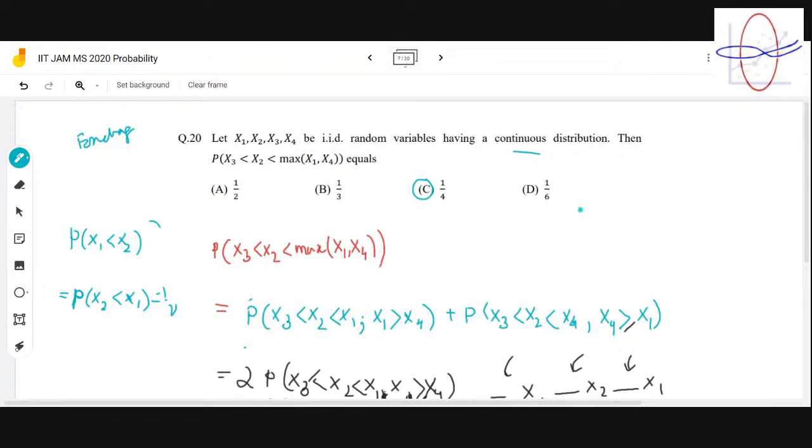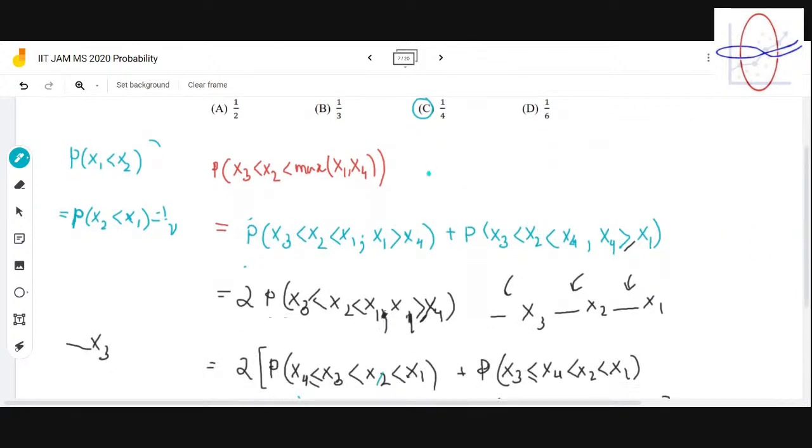So let's move on to this problem now. For the probability X3 less than X2 less than the maximum of X1 and X4, let's assume two cases: either X1 was greater than X4, or X4 was greater than or equal to X1. So we divided it into two cases. Now observe that these two are the same because X4 and X1 are exchangeable, being IID.